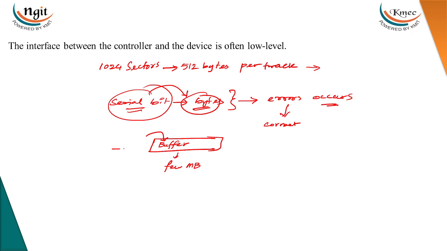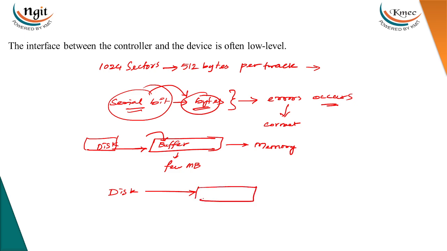Suppose that we are copying data from the hard disk to memory. A disk has its own disk controller. The disk controller takes the data and puts it onto the disk controller buffer and checks whether there are any errors.